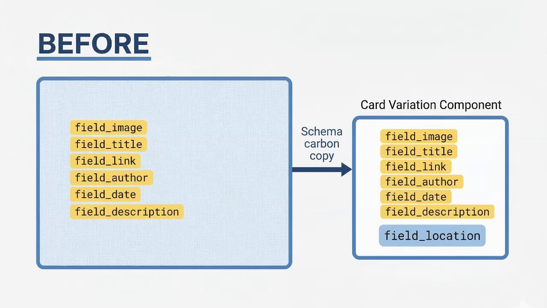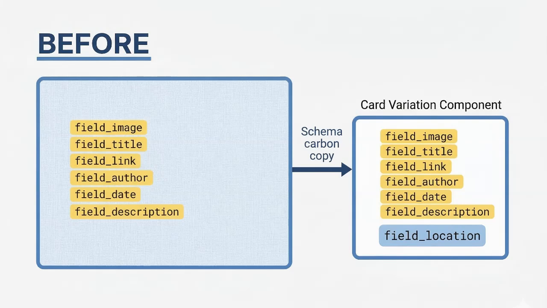Take a look at those duplicated fields. That whole prop section is just a carbon copy from the original component. It's long, it's redundant, and honestly, it's a ticking time bomb. If the parent component schema ever changes, this file is now out of date, and that can cause bugs that are a real pain to track down.